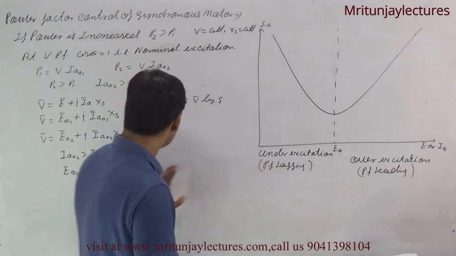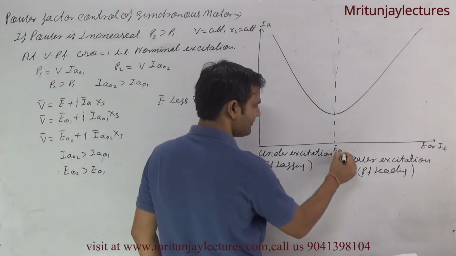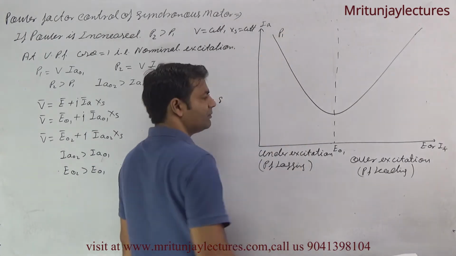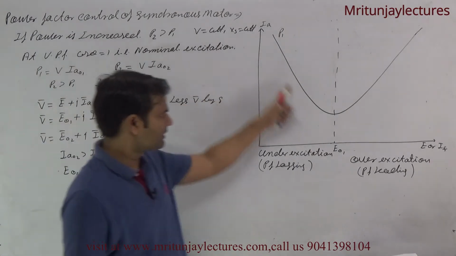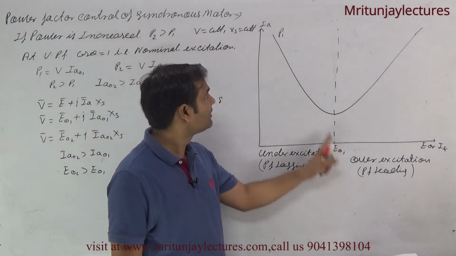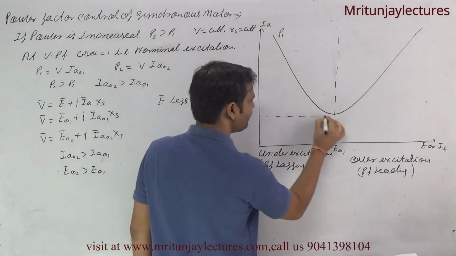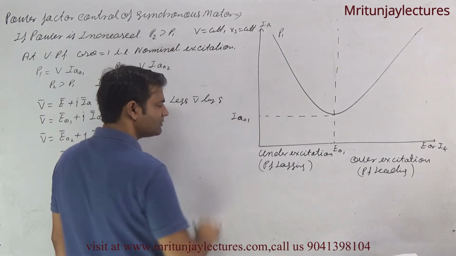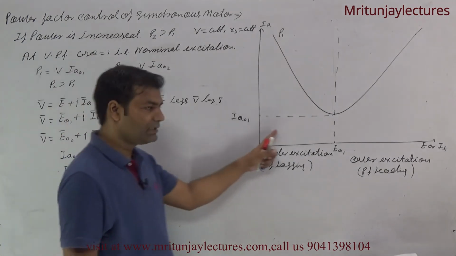Now suppose this curve corresponds to E01 at power P1. And what about current? That is IA01.